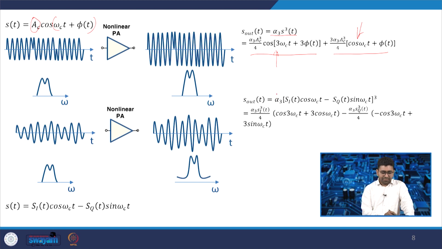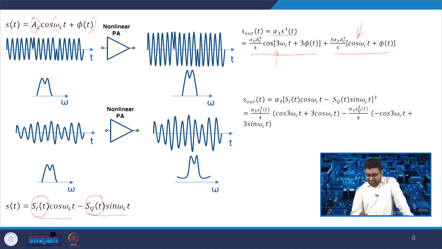However, if your amplitude does not have a continuous constant envelope and is changing with time, as in OFDM signaling, and even in QAM and QPSK, then we use s(t) = S_I(t) cos omega_c t minus S_Q(t) sin omega_c t. It has both in-phase and quadrature components, and the amplitude of S_I(t) is varying with time, and in S_Q(t) also the amplitude is varying with time.